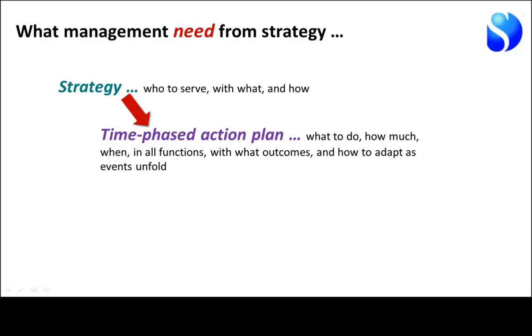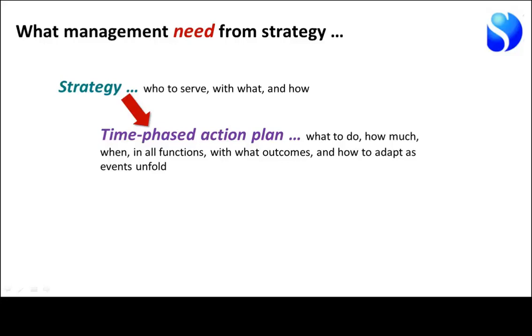So if you're talking to people who've got a conventional education in strategy, or have got an MBA or whatever, a challenge you can put to them is, okay, so you've got a strategy. How do you get from that strategy to a time-phased action plan? I've been doing strategy for nearly 30 years, and I don't know any strategy tools that can do this. But by adding system dynamics to strategy, then you actually can answer that question.